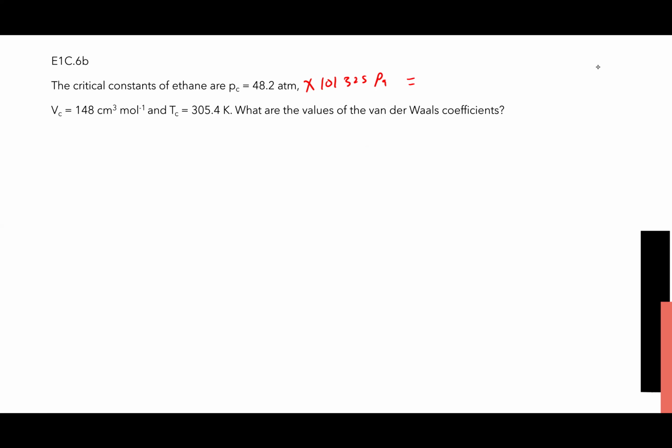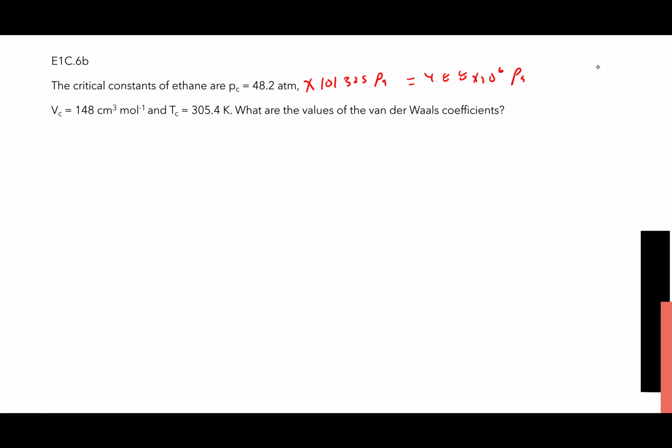Let's do that. 48.2 times 101,325 gets me 4.88 times 10 to the 6th power. 1, 2, 3, 4, 5, 6. Yes.